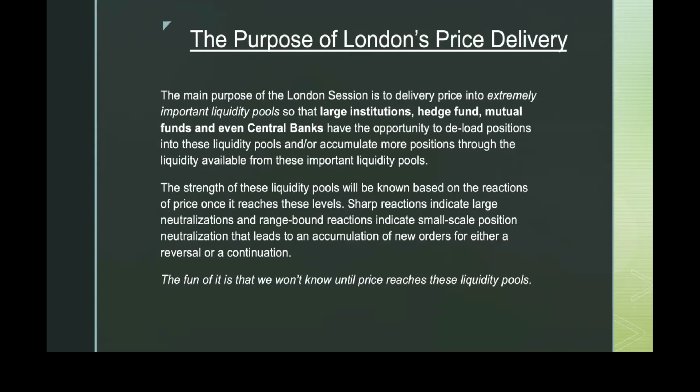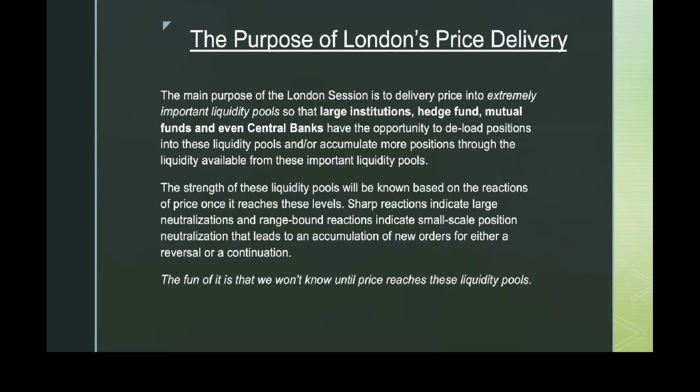So what does that mean? It means that London is going to deliver price into these important liquidity pools, may it be for a retracement, may it be for a complete reversal. If you recall from the earlier videos, I said a liquidity pool that is important does not necessarily have to be a high or a low.